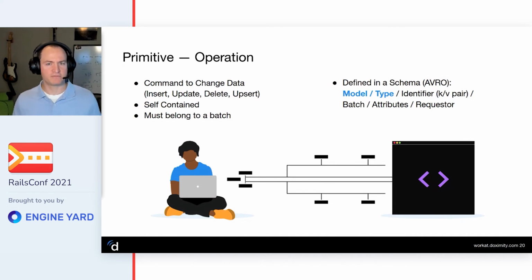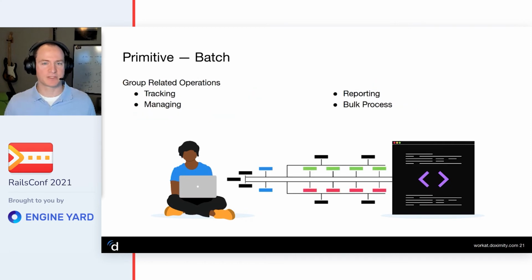Those are two very important concepts because it's how we allow the consumers, and we'll talk about this later, to look up the right importer in order to pull the data in. That also includes things like an identifier, which is a key value pair in order to look up the object, a batch ID that it belongs to, and then any attributes that it needs in order to update. So, if you're updating somebody's name, you would send name and then the new name that you want, and then the requester so that we can give people alerts and also audit.